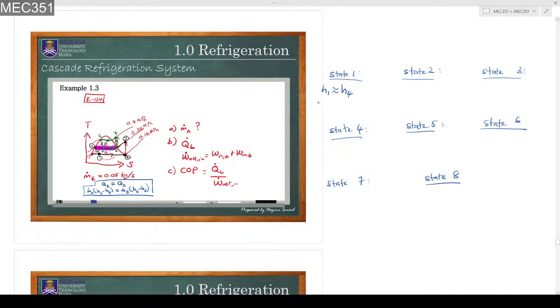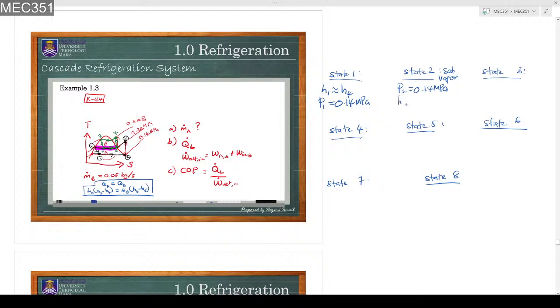The pressure at state 1 is the lowest pressure, so P1 equals 0.14 MPa. State 2 is saturated vapor, so P2 is still the same as P1, 0.14 MPa.